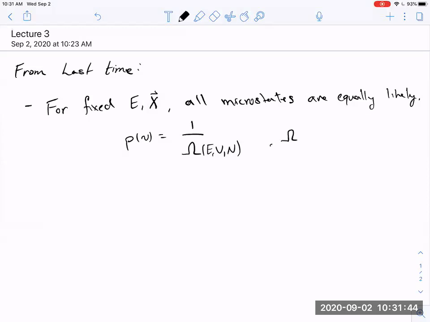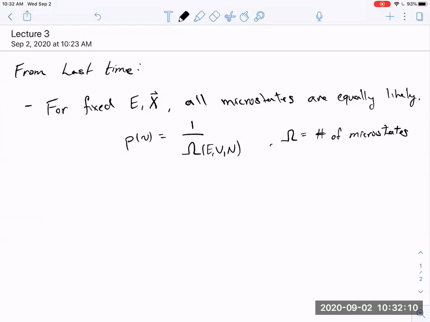Where this omega just counts up the number of microstates consistent with those constraints. It just normalizes that probability. For a large system, that omega is an incredibly large number.